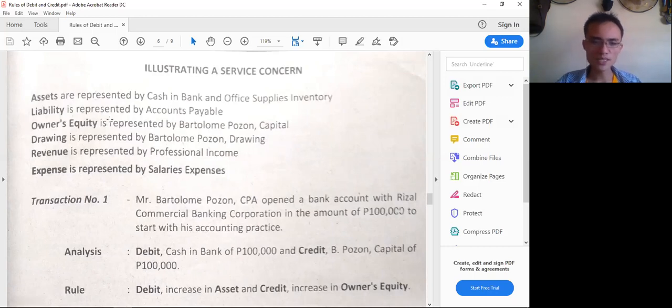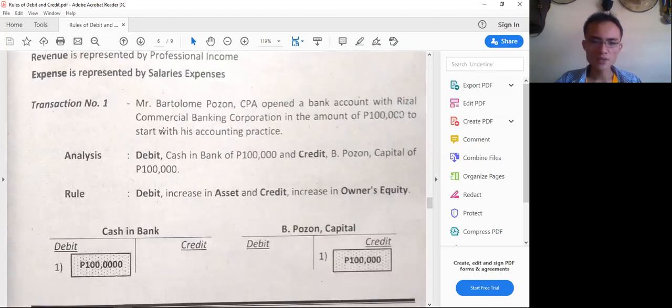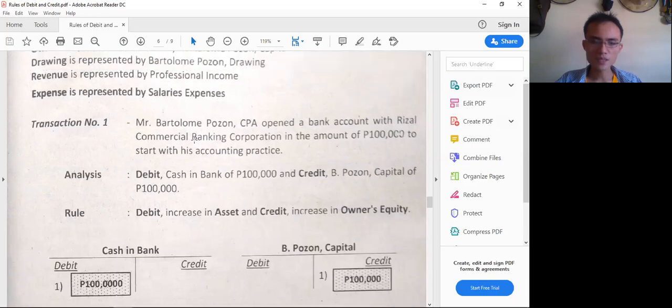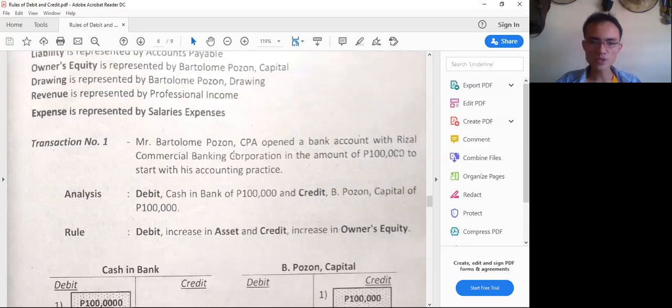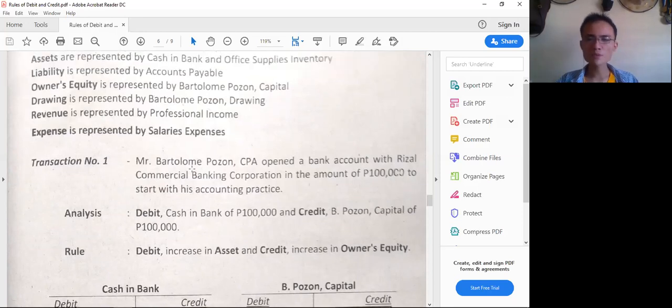Okay, so for transaction number one, we have here the owner, Mr. Pozon, CPA, who opened a bank account with Rizal Commercial Banking Corporation in the amount of 100,000 pesos to start his accounting practice. Whenever we analyze, guys, you always think of debit and credit.